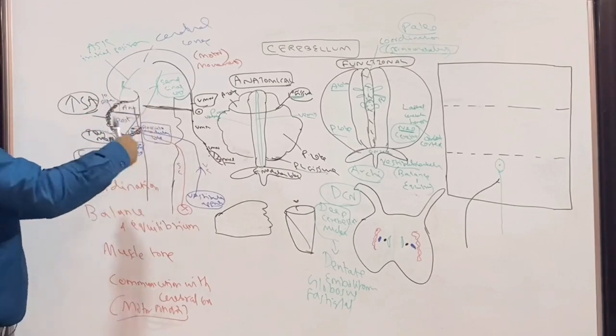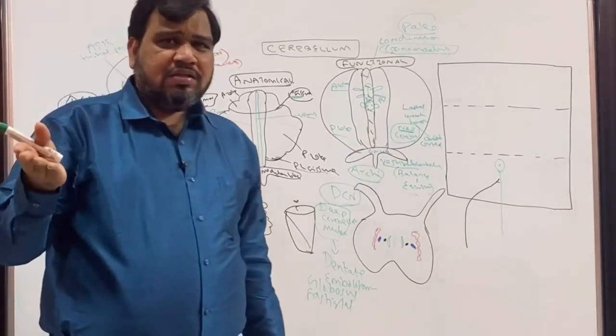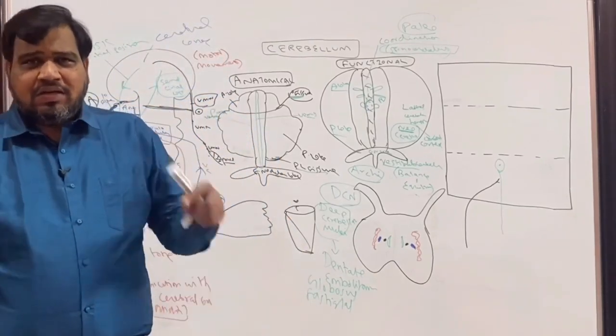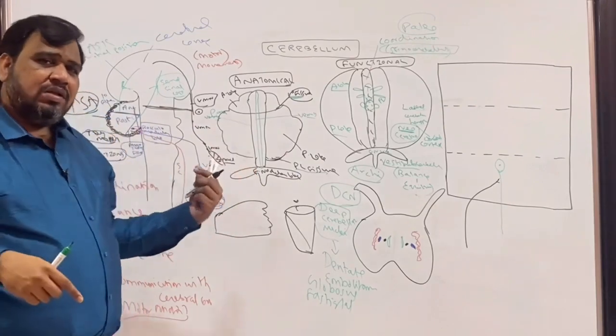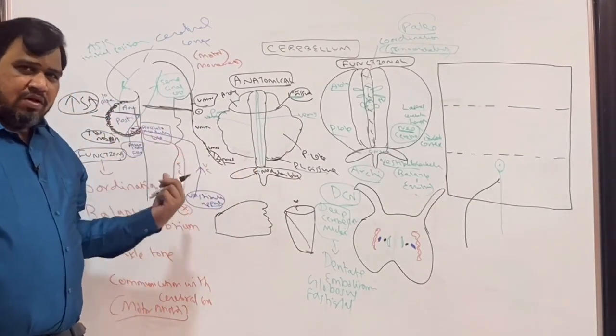The outer part, which is made up of many folds, is grey matter. Remember, the spinal cord has outer white matter and inner H-shaped grey matter, whereas the cerebellum has outer grey matter and inner white matter, where the deep cerebellar nuclei are present.